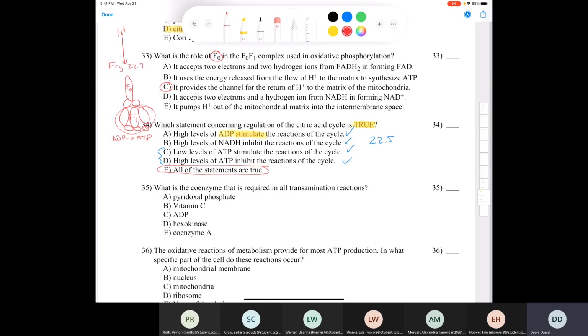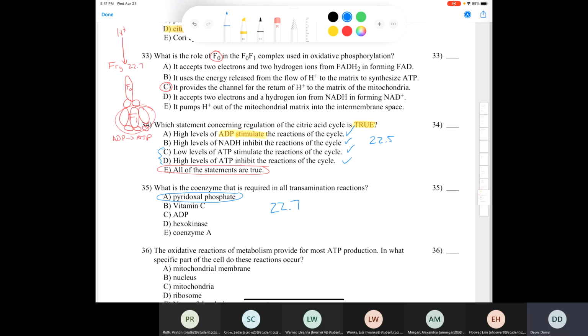Question number 35 deals with the transamination reaction. So this is covered in section 22.7 of our textbook, the section on the degradation of amino acids. And it says, what coenzyme is required for all transamination reactions? And the answer is pyridoxal phosphate is the coenzyme that is used in all transamination reactions.